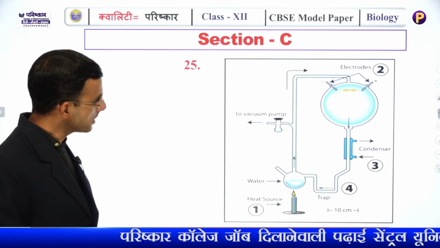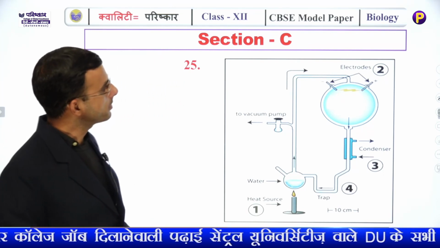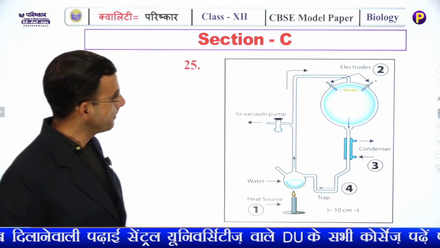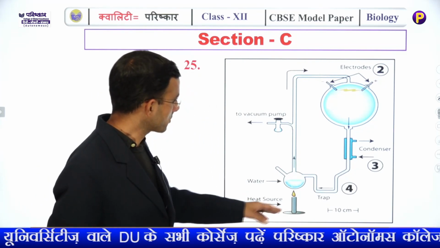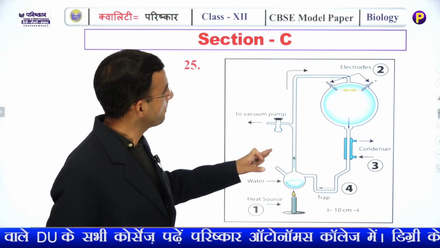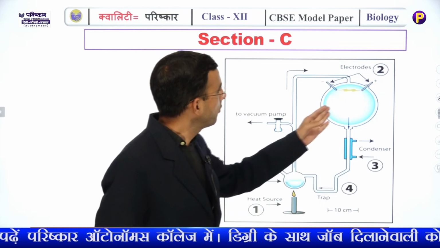Here is a very beautiful diagram, and in that diagram, look at the electrodes and some molecules. Water is here, a heat source is there, a vacuum pump is also there, condensers are present, and all the water is present.